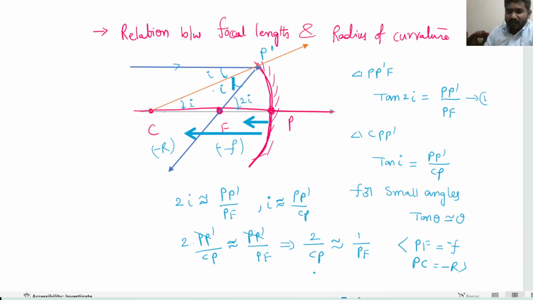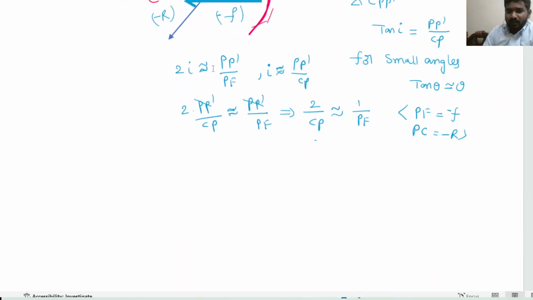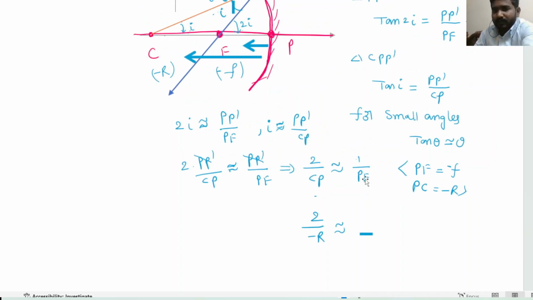So here you get 2 divided by minus r approximately equal to 1 divided by minus f.